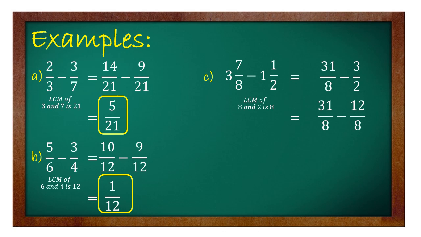Pero yung 3 halves natin magiging 12 over 8. And then 31 minus 12 ay magiging 19 over 8. So 19 over 8 magiging 2 and 3 over 8.